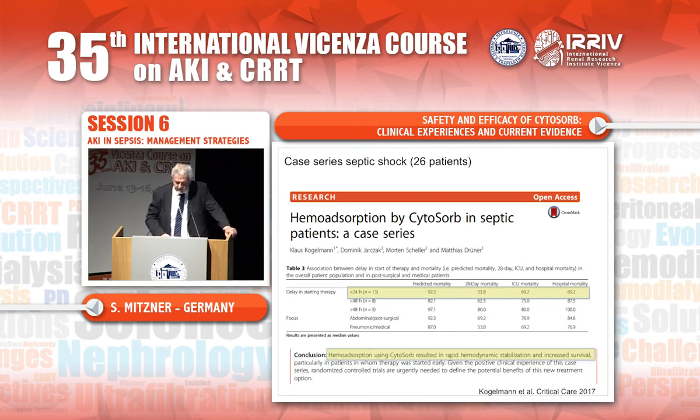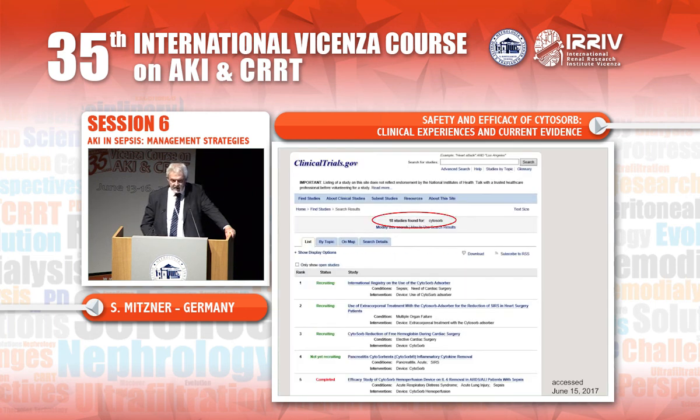And they concluded that the adsorption treatment resulted in rapid hemodynamic stabilization and increased survival, particularly in patients in whom therapy was started early. So again, there's no final proof, but I think we are building up a story that might even end up in sufficient trials to prove impact on the clinical course.